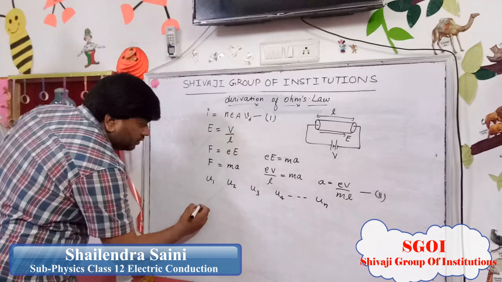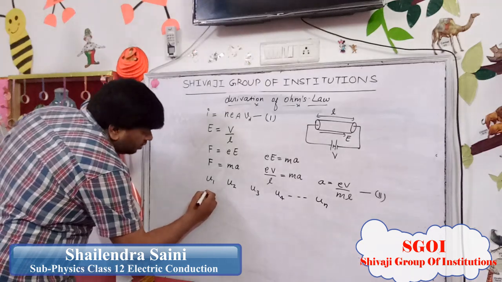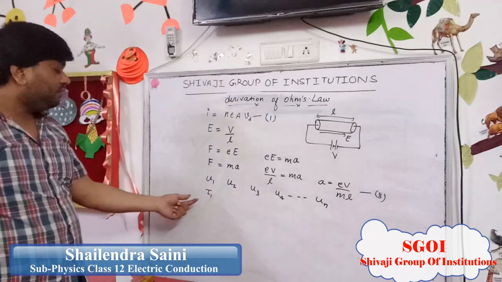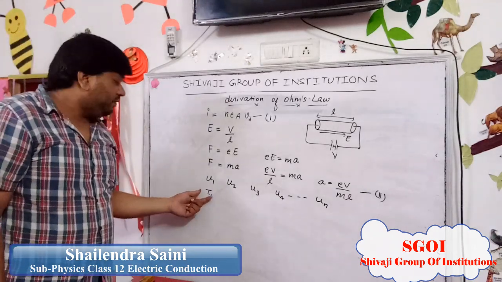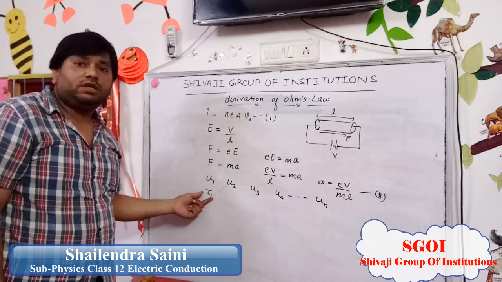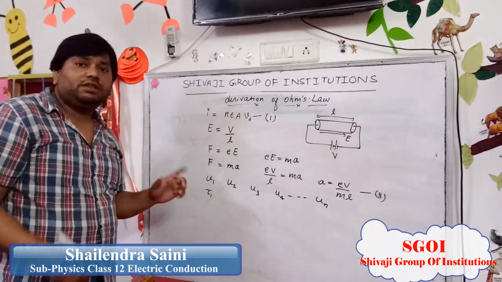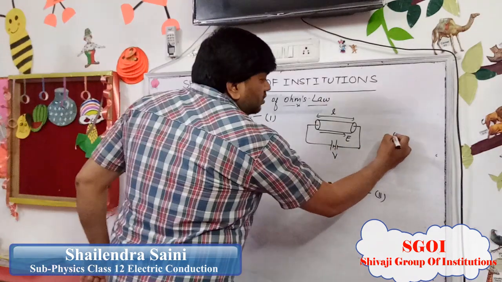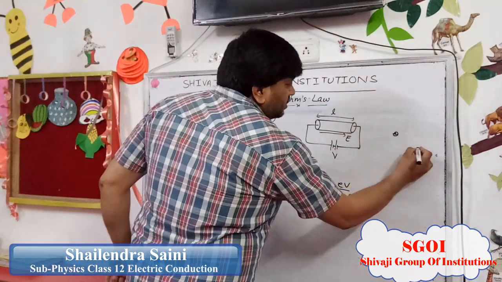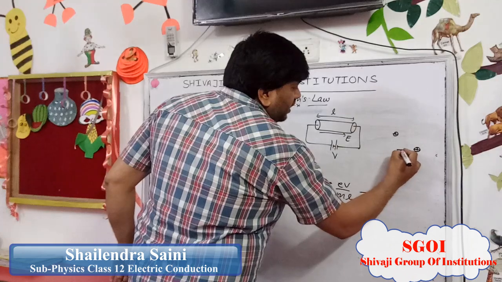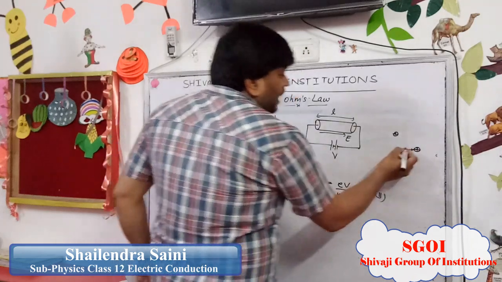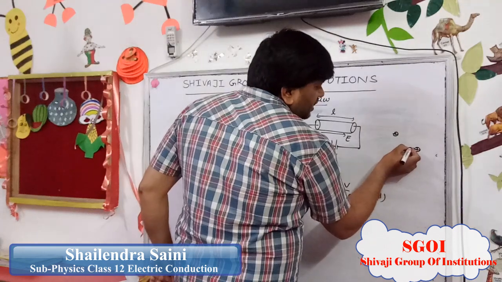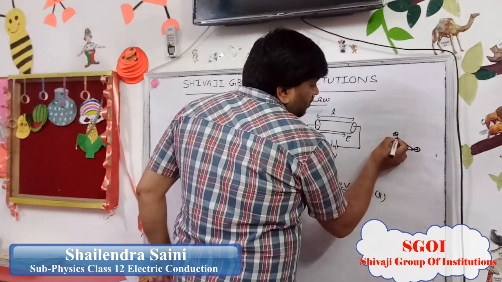Now for the first electron, we are taking the time t1. What is this time? This is the time interval between two successive collisions. It means suppose these are the positive ions, and the electron is moving and colliding with this ion, and after changing its direction it goes towards another positive ion.